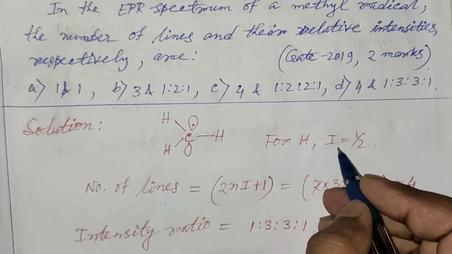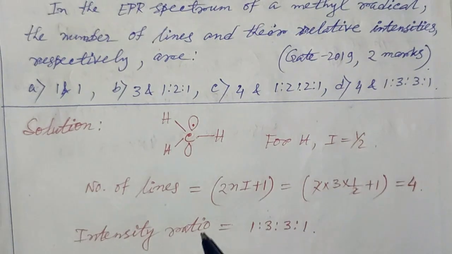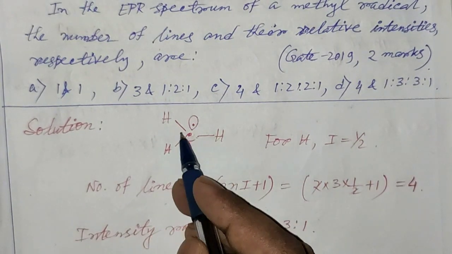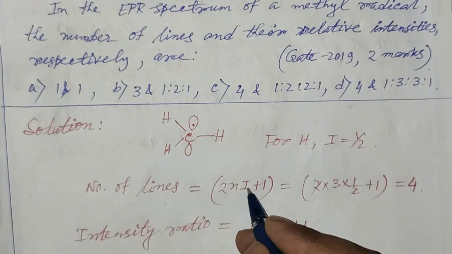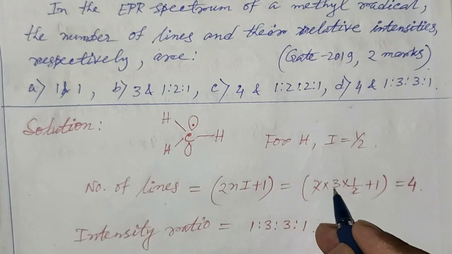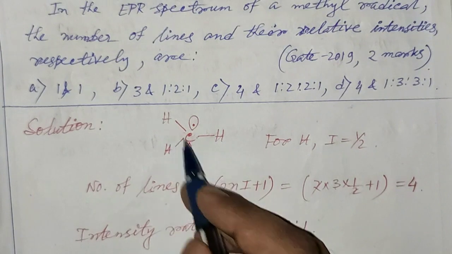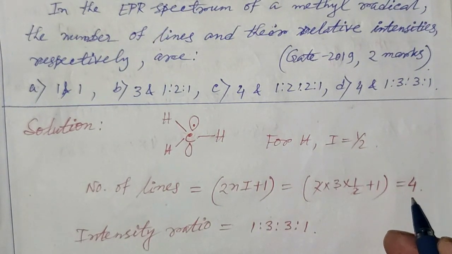Since for the hydrogen nucleus I, the spin quantum number, is equal to half, the number of lines for this methyl radical will be according to the 2nI plus 1 rule. So the value of n is equal to 3, since there are 3 hydrogens, and I is equal to half, and the number of lines will be 4.